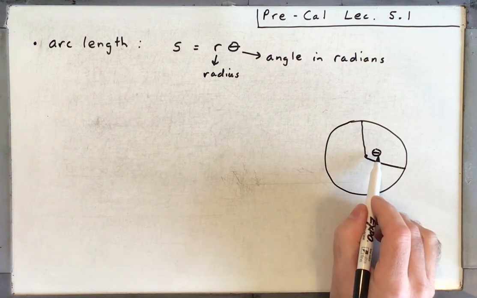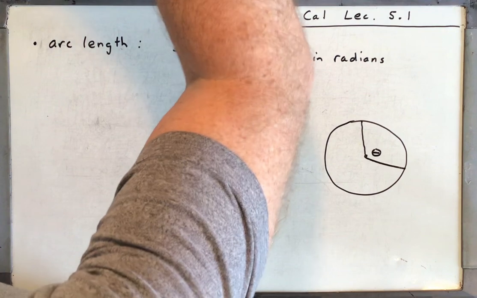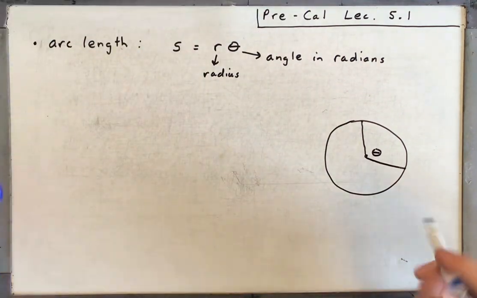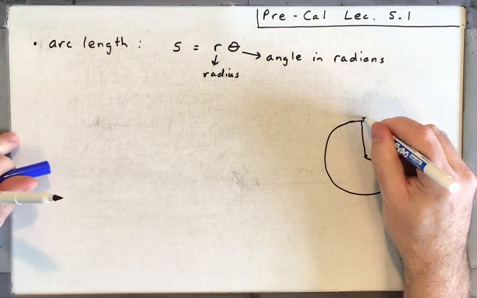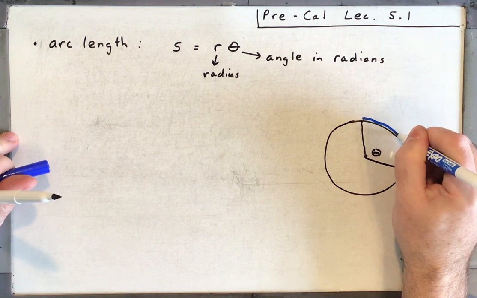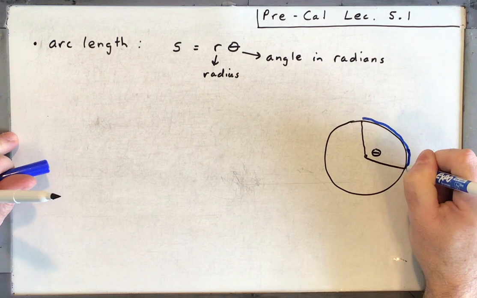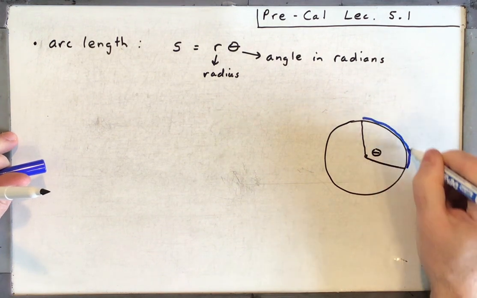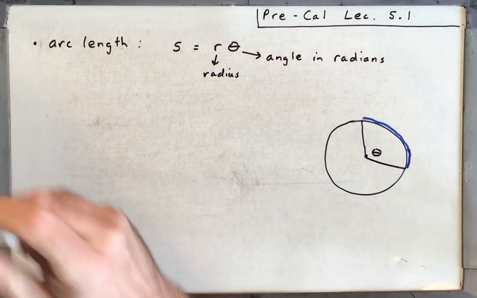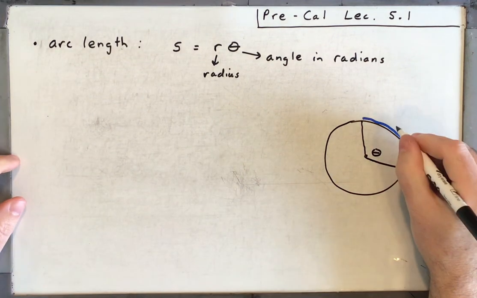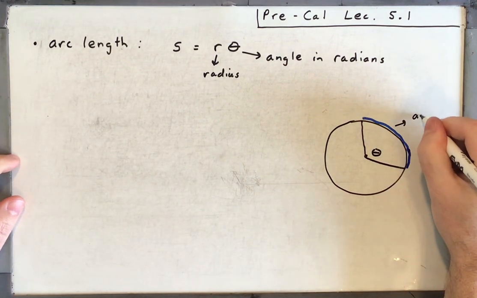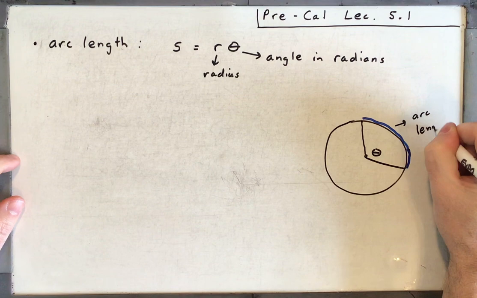Okay, the word used is subtended by angle theta. All right, let's see if I can find a different color that works. So the arc length is, what we're talking about is this distance. The length of this part of the circle, from there to there. So what in blue is what we would call the arc length.